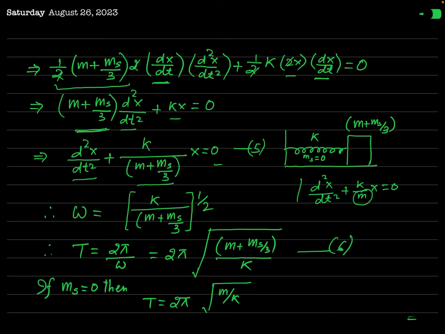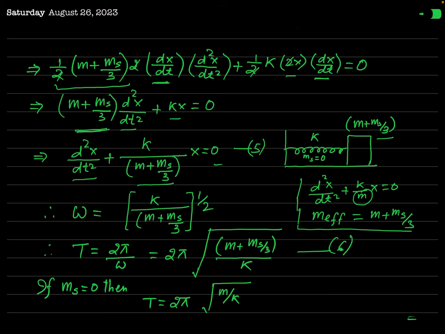If you consider that your spring is not massive, but it is massless, but in the place of m, you consider that there is a mass having value m + ms/3. It means in this case we consider the effective value of mass. If you consider that a spring has no mass, it is massless, but the effective mass of this system is m + ms/3.